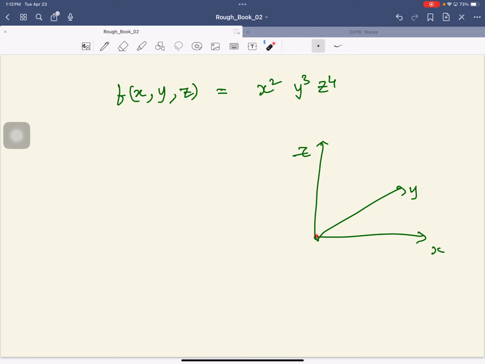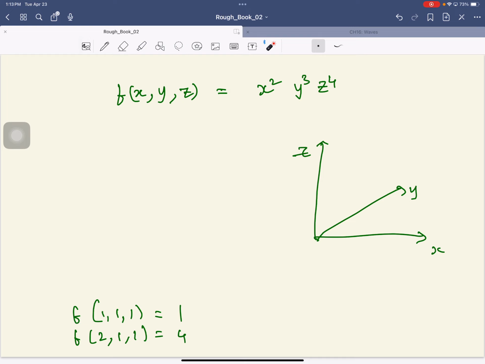So for instance, x equal to 1, y equal to 1, z equal to 1. So f of 1, 1, 1 is what? 1. Okay? F of 2, 1, 1 is what? 4. And so on. So you guys all understand that. I can evaluate this.